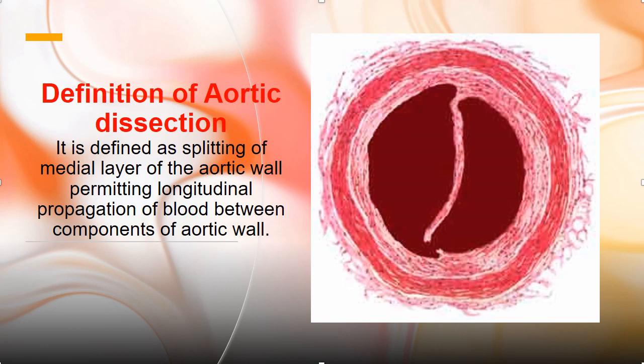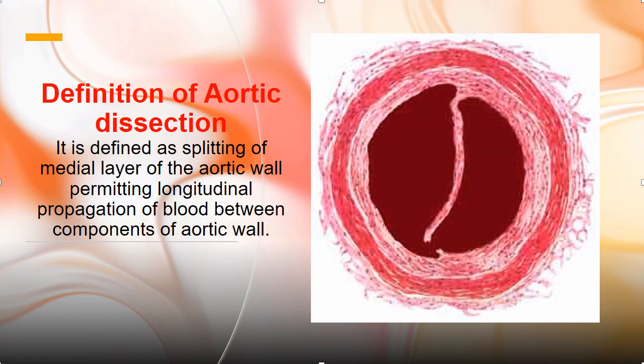Another important topic is aortic dissection. It may occur on top of aortic aneurysm or without aortic aneurysm. It is defined as a splitting of the medial layer of the aortic wall, permitting longitudinal propagation of blood between the components of the aortic wall.